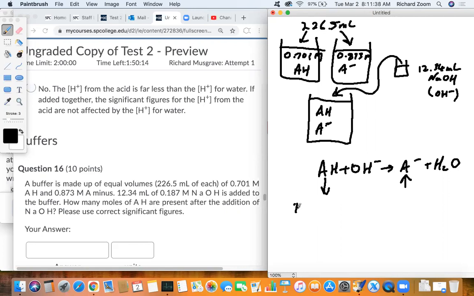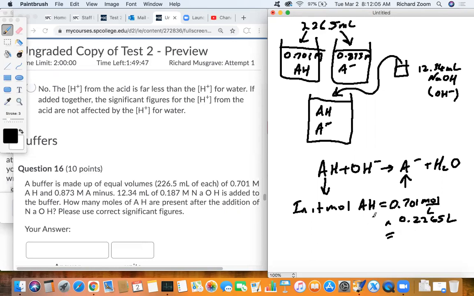So first of all, we find the initial moles of AH, which is going to be 0.701 moles per liter times 0.2265 liters.